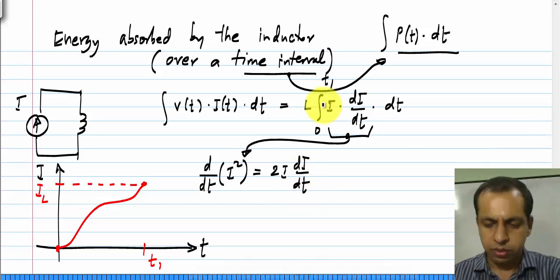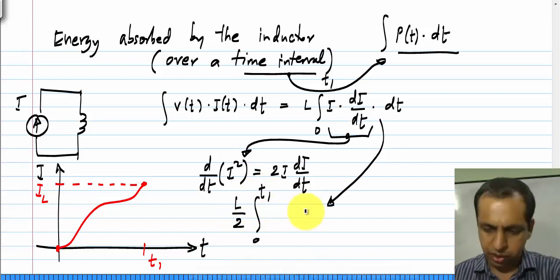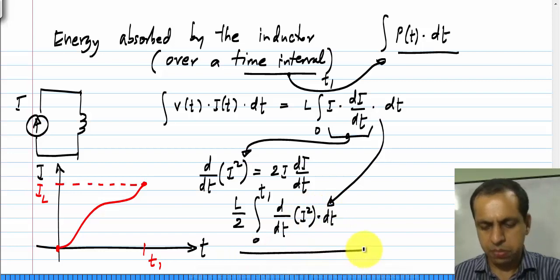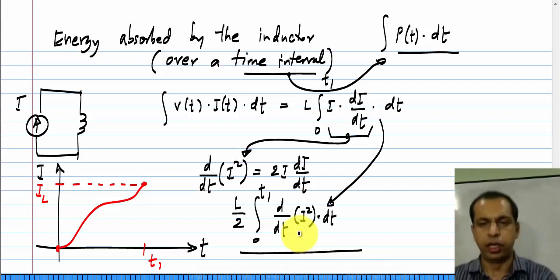So, this integral turns out to be L/2 times the integral from 0 to t1 of the time derivative of I squared over time. So, basically we have the integral of the time derivative of the squared current over time. Okay.